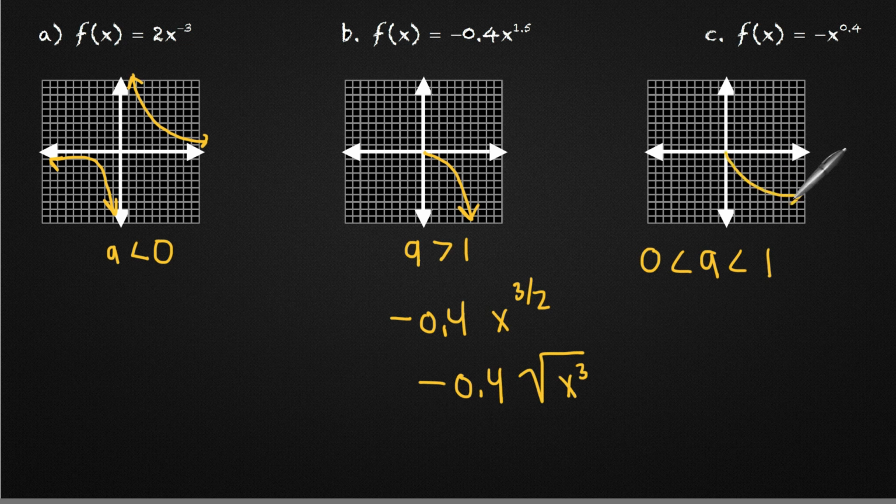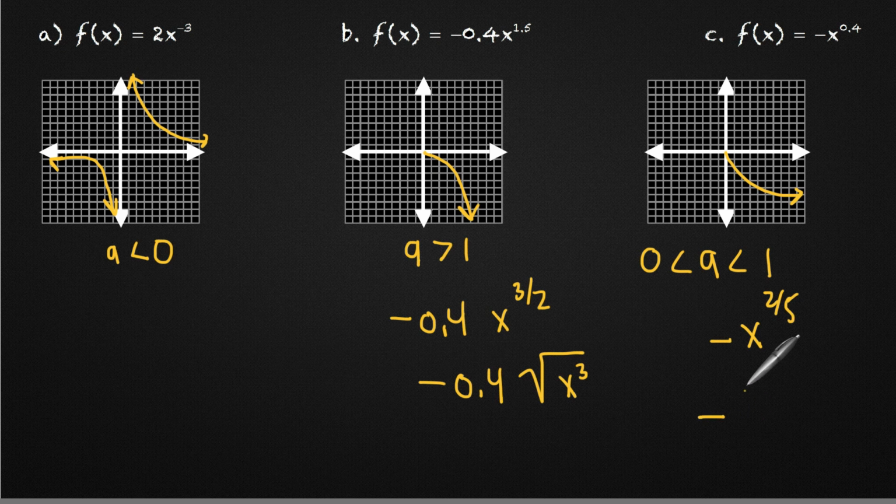Let's see if it has any type of symmetry. We're going to rewrite this as negative x to the 2/5. 2/5 is the same as 0.4 as a fraction. Inside power over outside power. So it's going to be negative.